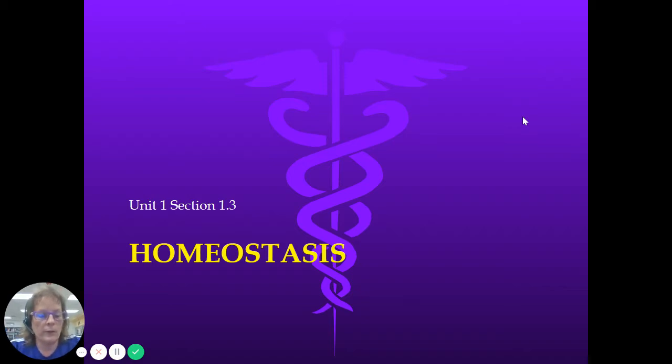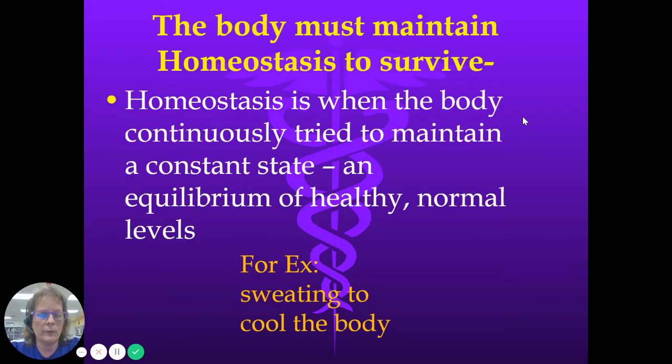So you're going to hear me continuously, as we move through this school year, come back to homeostasis over and over again. So we're going to give you just the basics of it and some examples now, and then as we move through the chapters, you'll get more specific information, especially related to the chapter or the organ system that we're talking about as we move on.